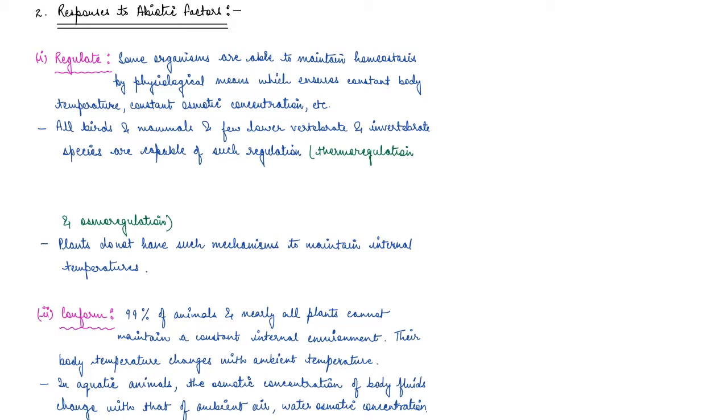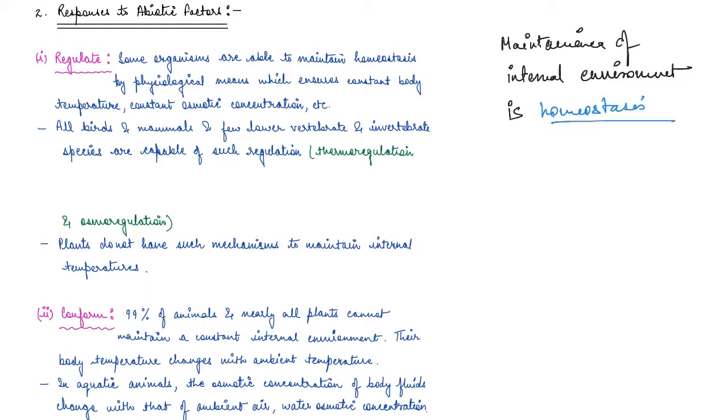So ideally what happens is that the organism should try to maintain the constancy of its internal environment, right? So this maintenance of internal environment is nothing but what? Homeostasis. This is known as homeostasis, right?